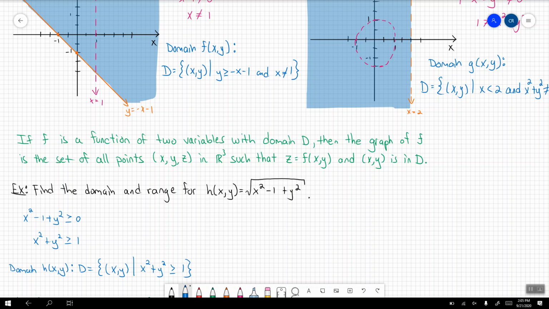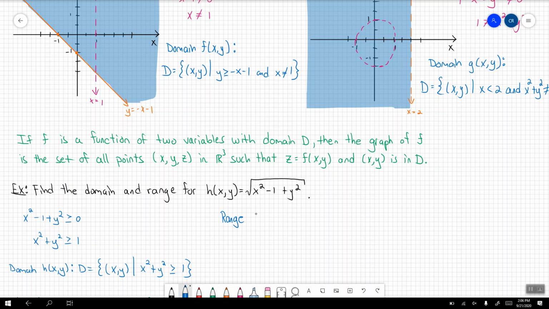So x and y can't be 0 and 0 at the same time. However, let's look at when x is 0 and y is 1. Well, that satisfies it because then we get the square root of 0, which is 0. And I do believe that's going to be the smallest value that we can take on for h of x, y. So the smallest it could be for the range is 0.